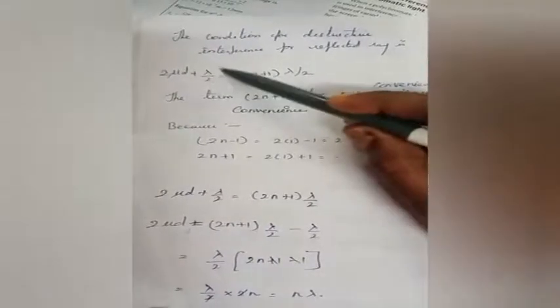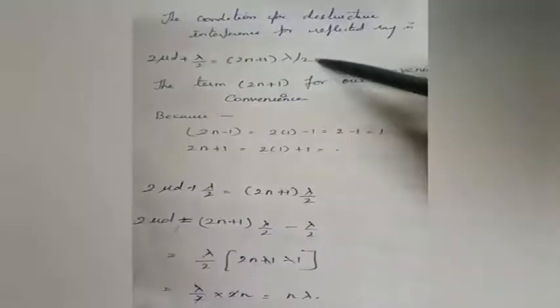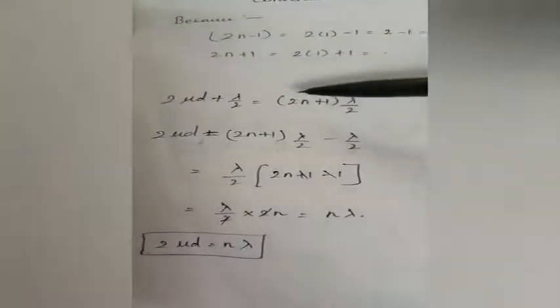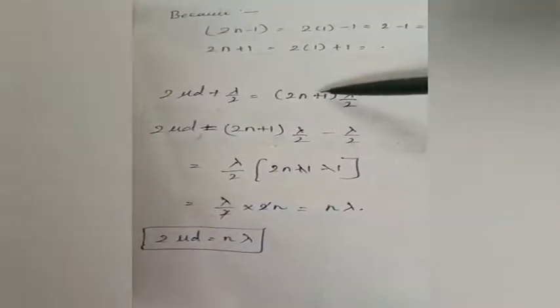Next, the condition for destructive interference for the reflected ray. 2 mu d plus lambda by 2 is equal to (2n minus 1) lambda by 2. We use 2n plus 1 for our convenience, because if we substitute minus 1 here, we are not getting the n lambda value. So we change it to plus 1.